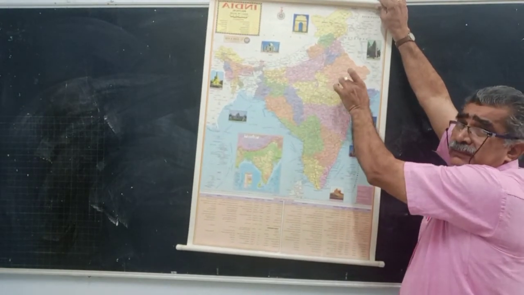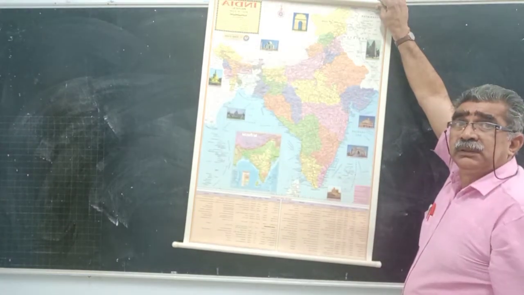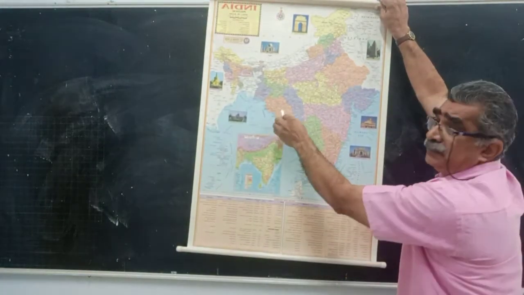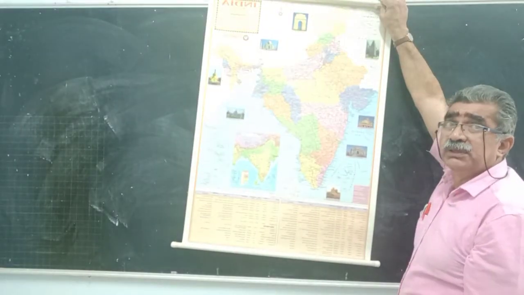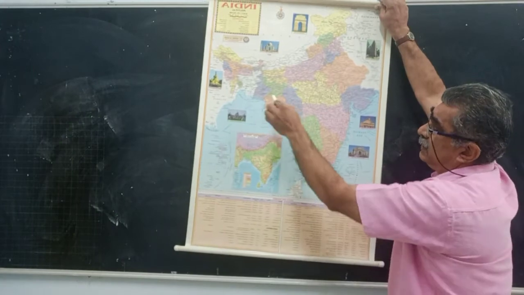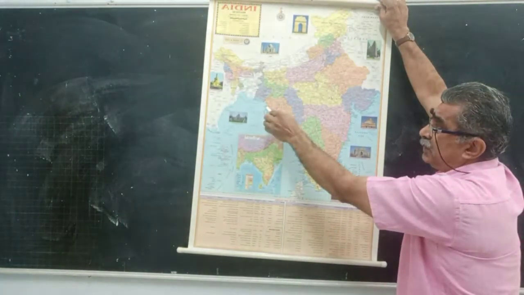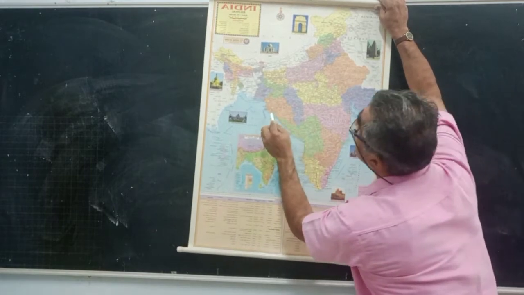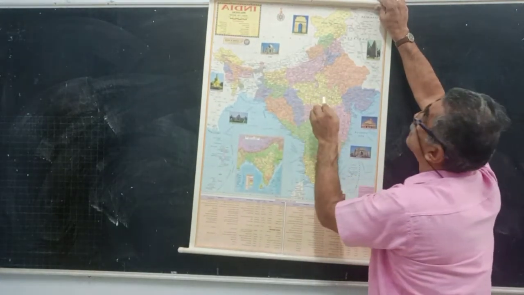This is Rajasthan, Gujarat, okay, Orissa, Madhya Pradesh. These are the areas where the temples we are discussing are located. Puri, the Jagannath Puri temple, is here. Madhya Pradesh, here it is.